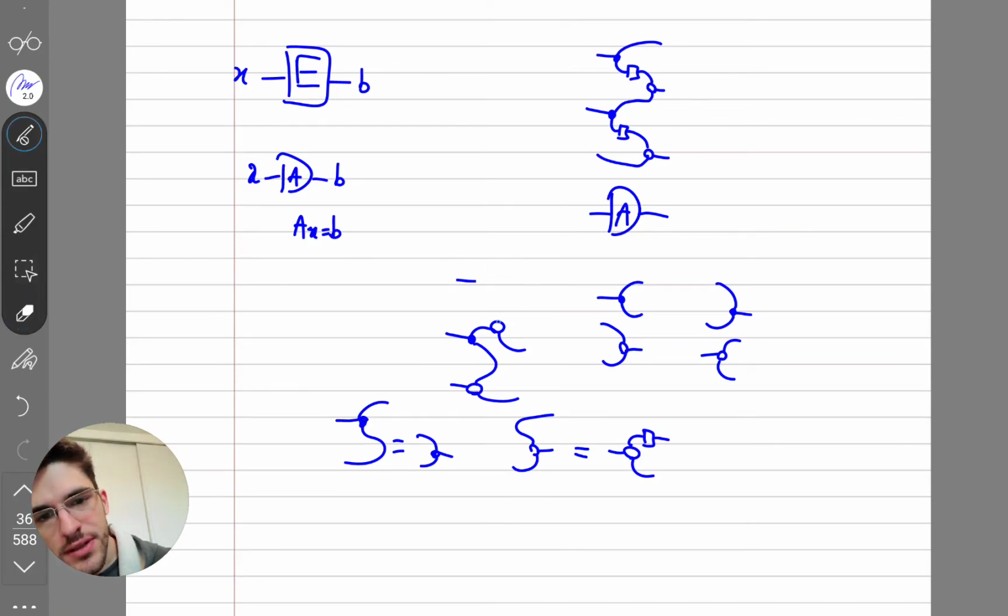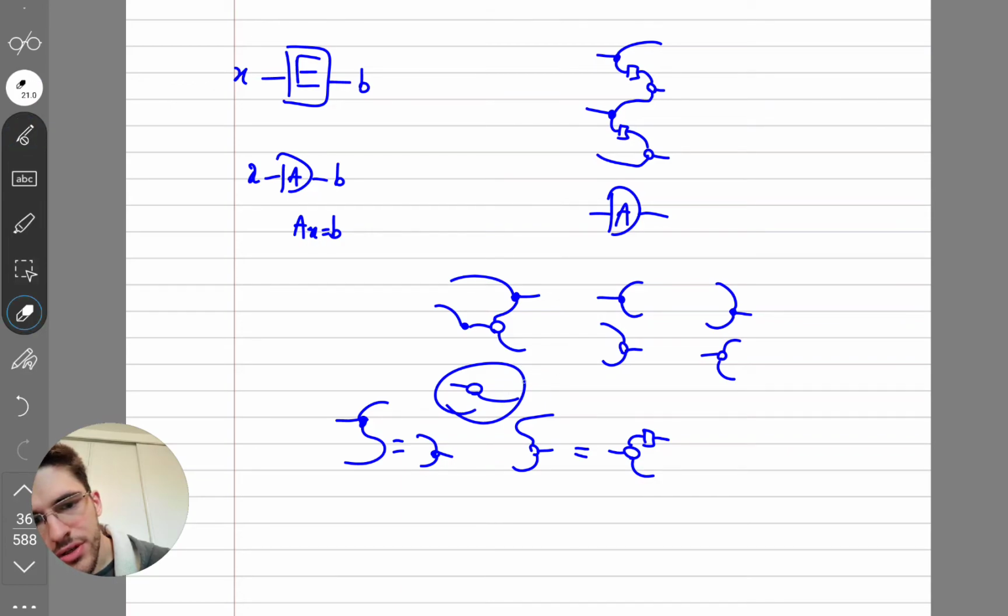So this is the same as this. And this one also, how do we use it? Yeah, this one. Output one here, and then this one I'm going to move.